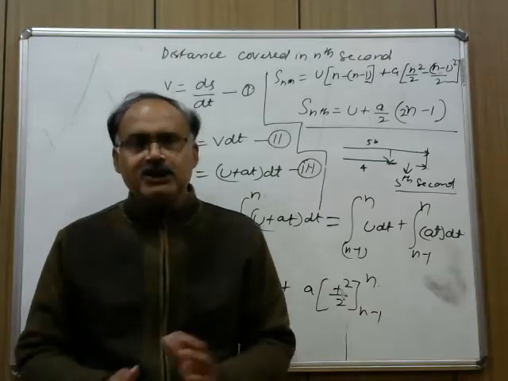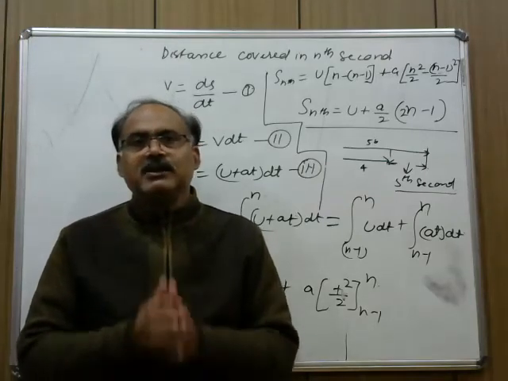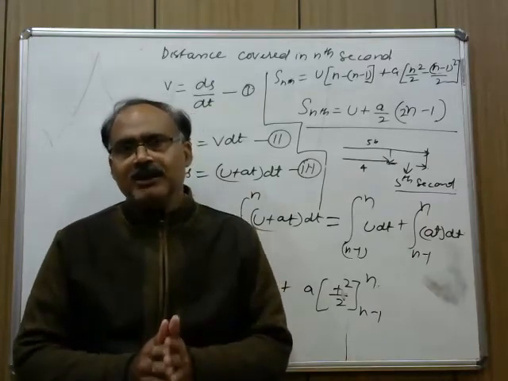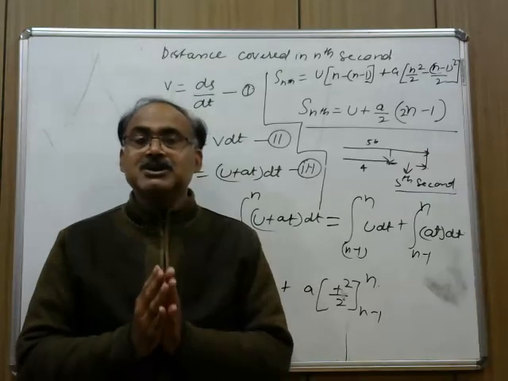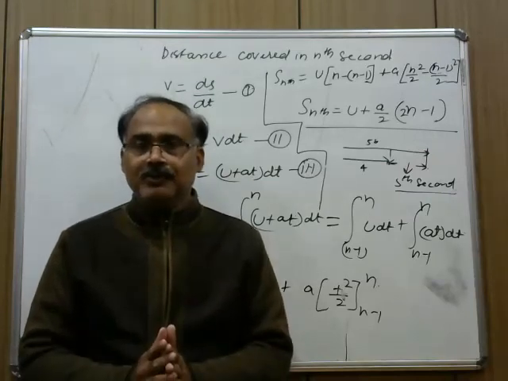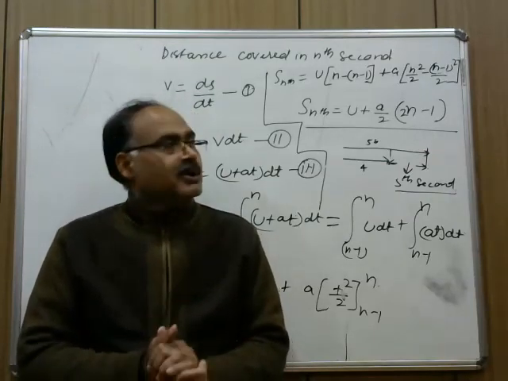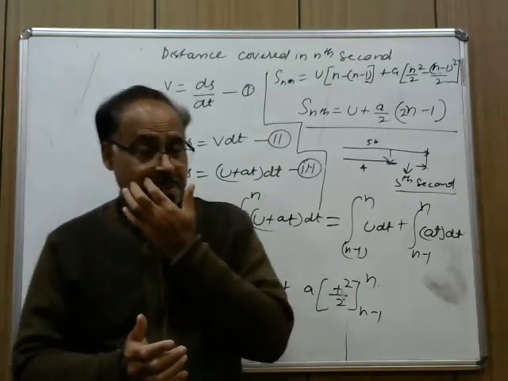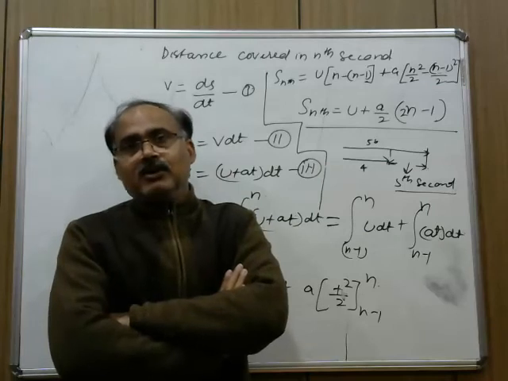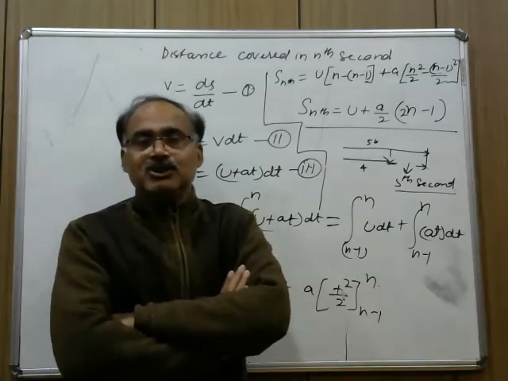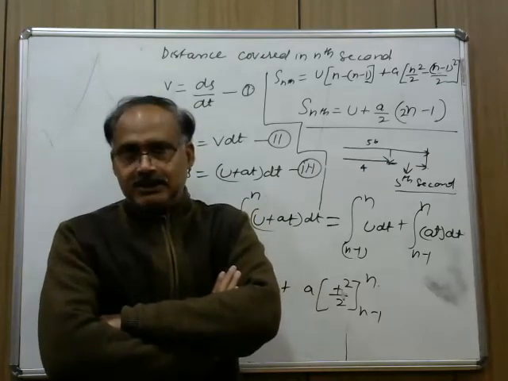Now, if a body is thrown with velocity u in a vertically upward direction, then at maximum height, the final velocity becomes 0. Okay? So these were a few cases and some important points to be remembered while applying the equations of motion for solving numericals.